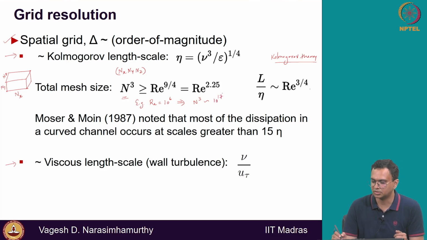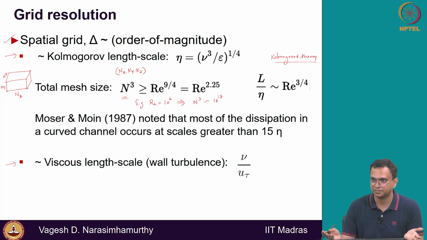You can see the mesh. 10 raised to 9 is a billion, a billion degrees of freedom. So you can compute how many trillion, not even billion, degrees of freedom are required, and whether you can do that kind of a mesh. I have not seen any DNS calculation where Reynolds number is 1 million.